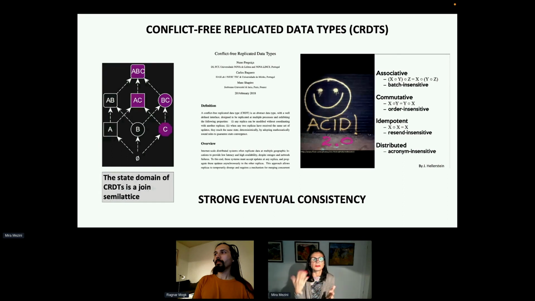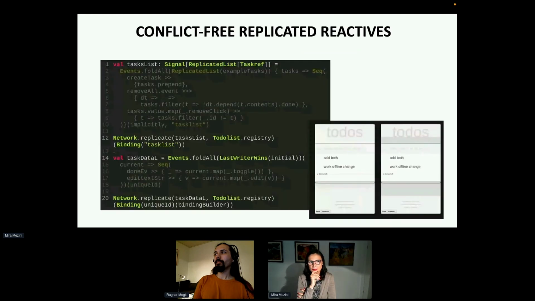It's associative, commutative, idempotent, so that the merge can happen automatically. Joe Hellerstein added the attribute distributed just to get the acronym ACID, and he calls it ACID 2.0. Anyway, these data types we also encapsulate into reactive abstractions, into signals, and we call those conflict-free replicated reactives.